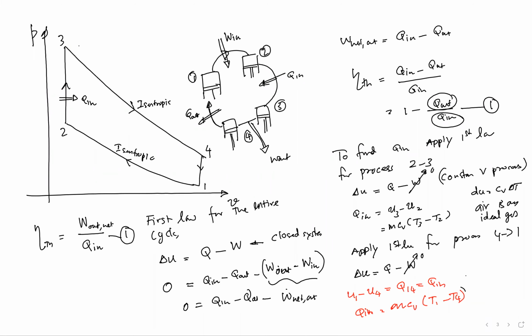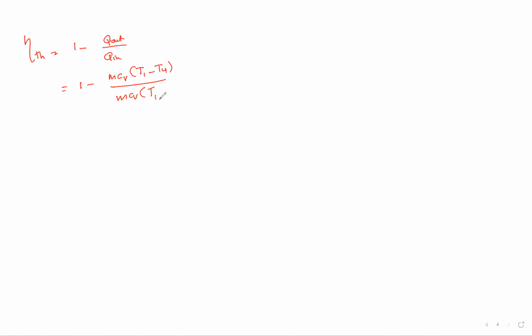This is 1 minus MCV times T1 minus T4 for Q out, and then MCV times T3 minus T2 for Q in.